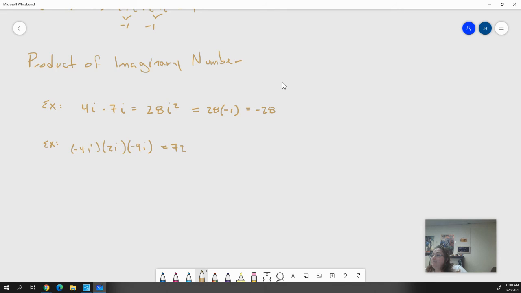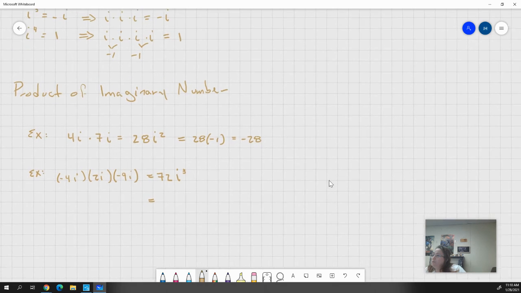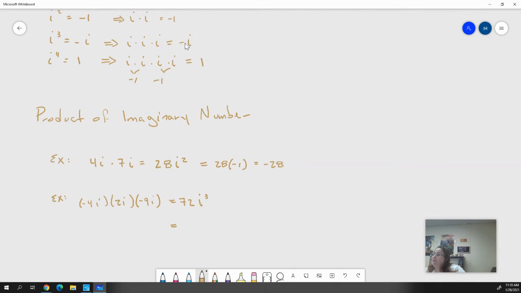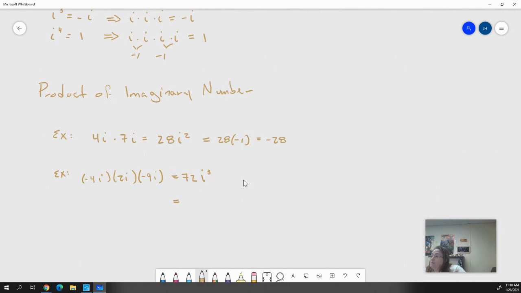And then we'd have i times i times i, which is like saying i to the third power, right? Well, we know i squared is negative 1, and then if we multiply that times another i, we'd wind up with negative i, which I showed you above. If we had i to the third, we'd wind up with negative i as our total. So we could write this as negative 72i.